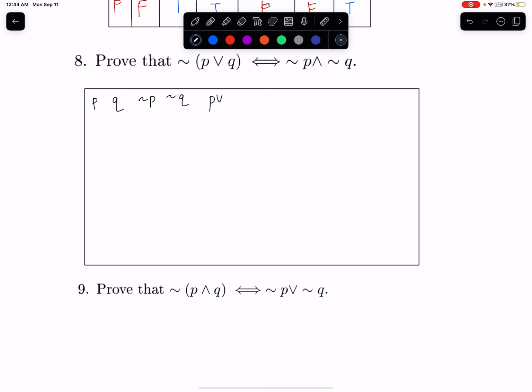I'm going to do P or Q next so that I can take one more step to negate it and get not (P or Q). Then I'll have not P and not Q. So that's the right side, and then I can put it all together. So let's see, that's not (P or Q), if and only if not P and not Q.